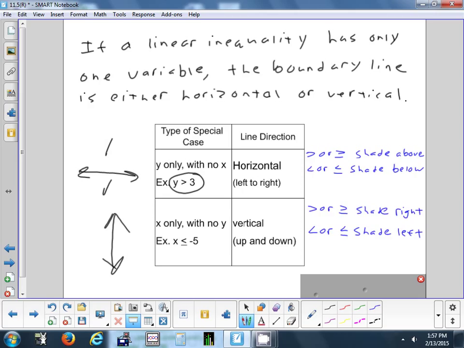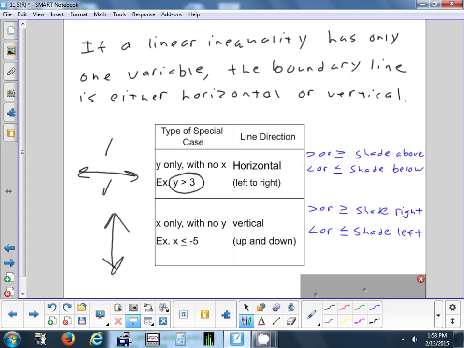So you either end up shading on the left side or the right side. You can either remember it the way we've written here, or just look at the original problem. The symbol tells you which way to shade. So look at this one. X is less than or equal to -5. Which way is the less than pointing? To the left.